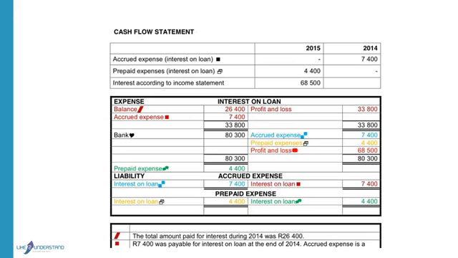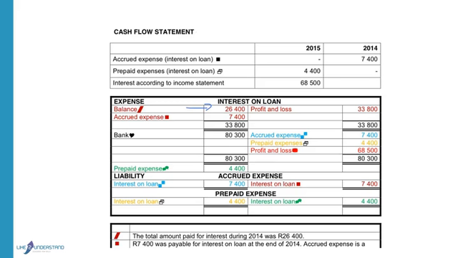Now, if we look at the ledger account, the previous year in 2014, the total amount that was paid out for interest, according to the trial balance, was 26,400.